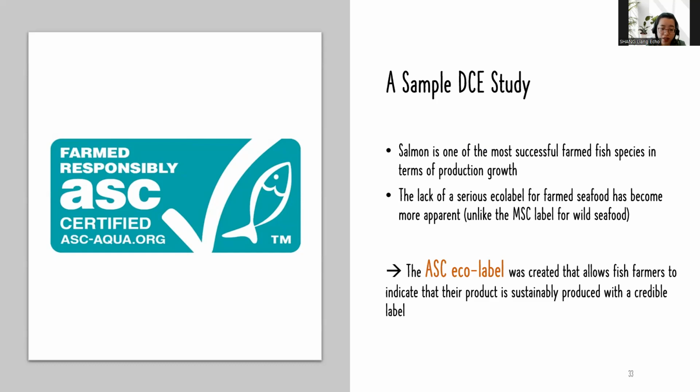In order to address this problem, an ASC eco label was created to fill this gap, to allow fish farmers to indicate that their product is sustainably produced, up to certain standards and with a credible label. So for farmed fish products with this label, you will know that their products are produced in an environmentally sustainable way.